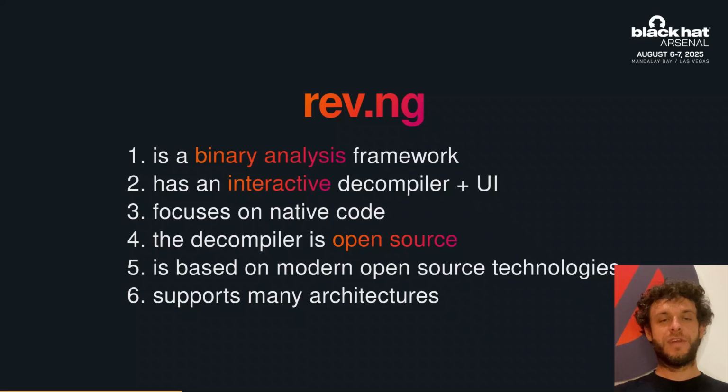So what is Revenge? Revenge is a binary analysis framework with an interactive decompiler and a graphical user interface. The decompiler focuses only on native code and is completely open source. It is based on modern open source technologies, namely the QEMU emulator and the LLVM compiler framework. It supports many different CPU architectures.